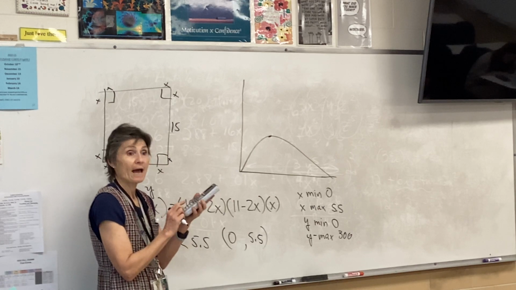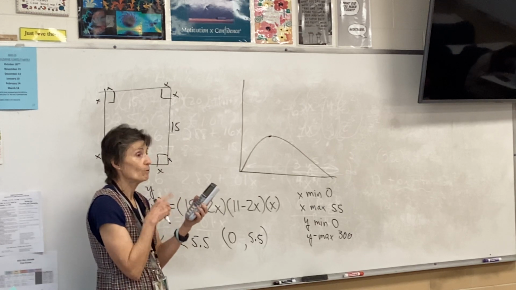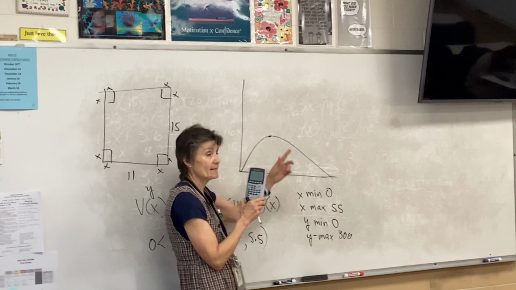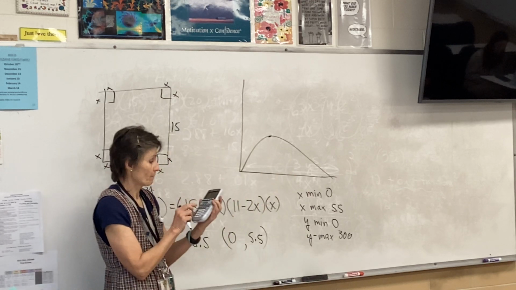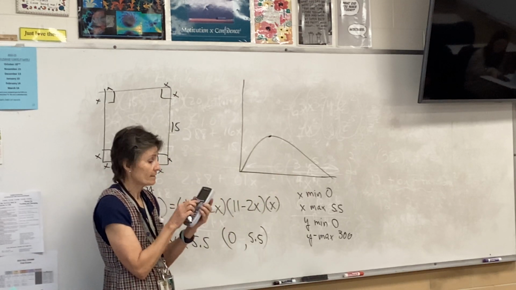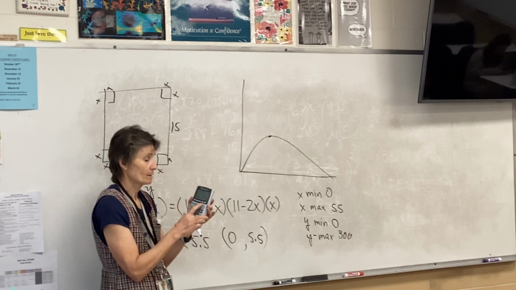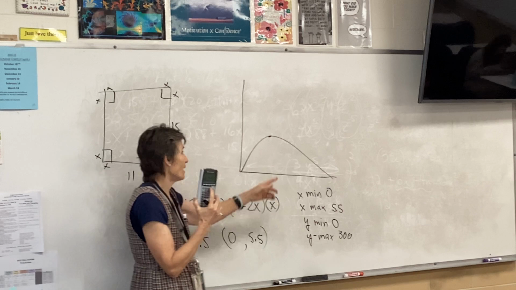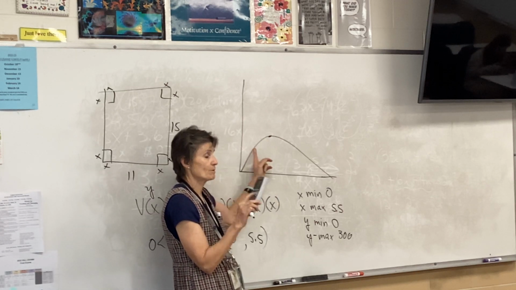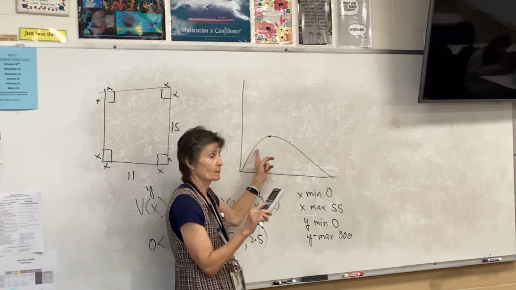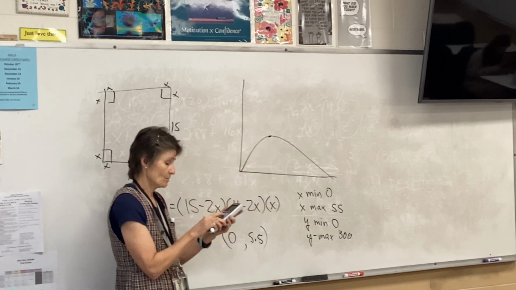Okay? Now, where do I go from here? I have to actually find that point. So who remembers? Second calc maximum. And then left bound, so we move our cursor over here somewhere, and press enter.